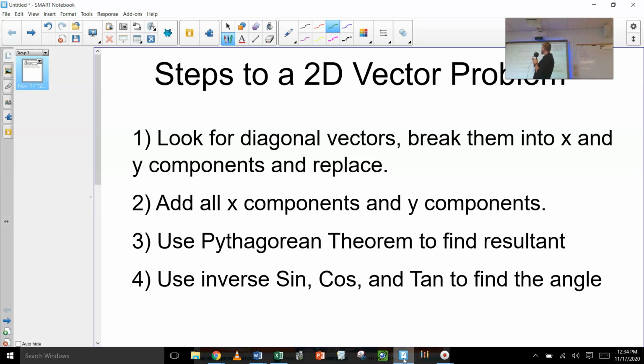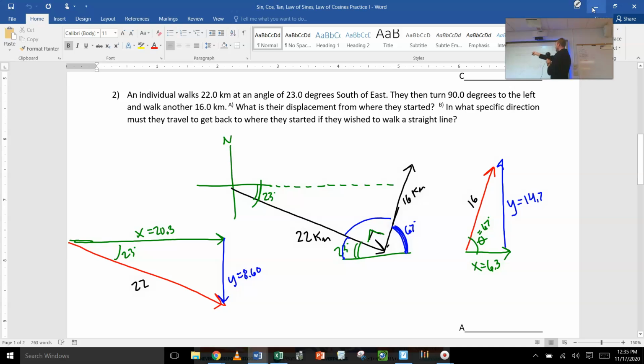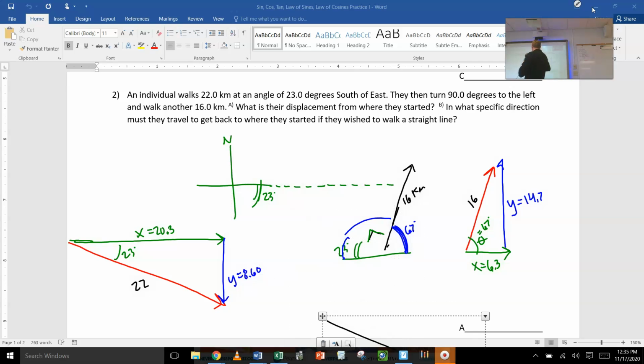We looked for diagonal vectors, and now we replace them. So this is the first opportunity for us. These diagonal vectors that were in our problem, we're going to replace with our x's and our y's.